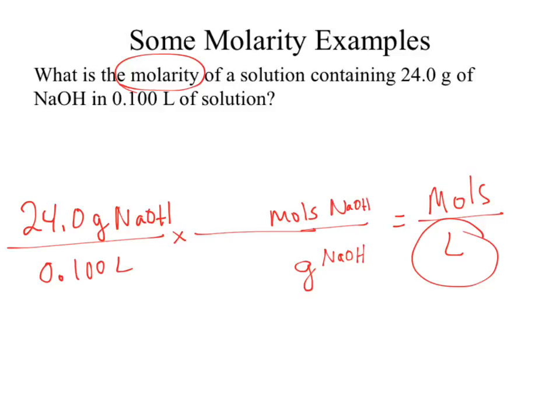Do I have a conversion factor between moles and grams? Where's that conversion factor found? Periodic table. Sodium 23, oxygen 16, hydrogen 1: 17 and 23 is 40 grams per mole. I think that's right. Where does the 40 show up?